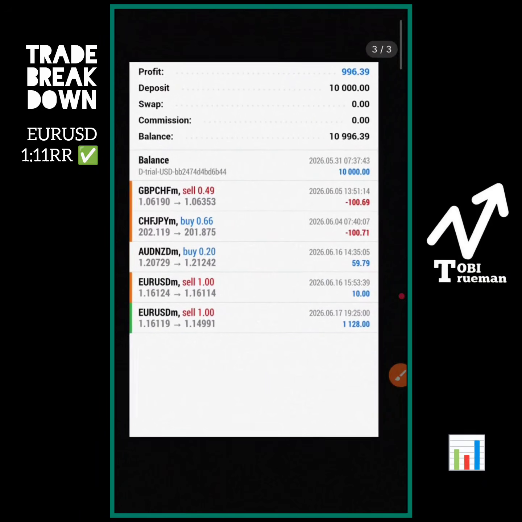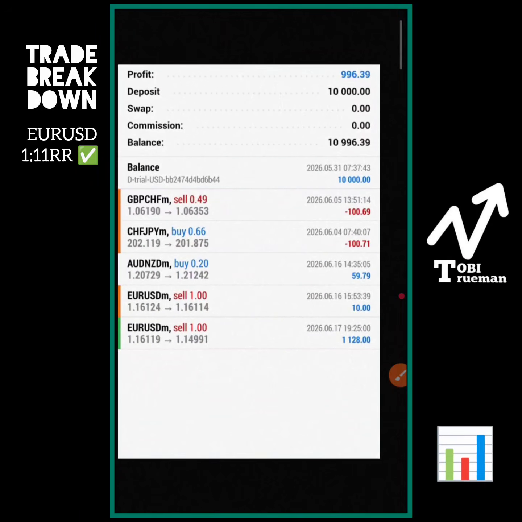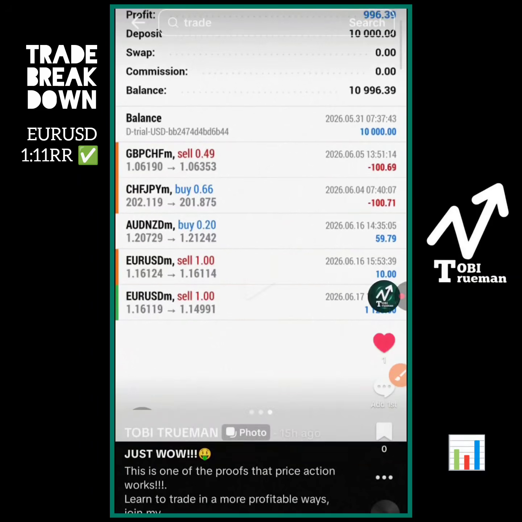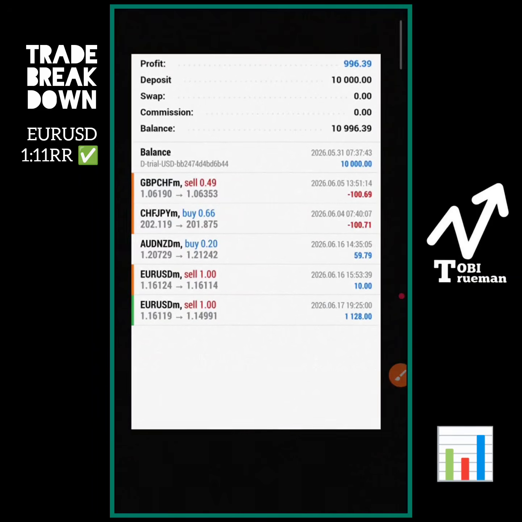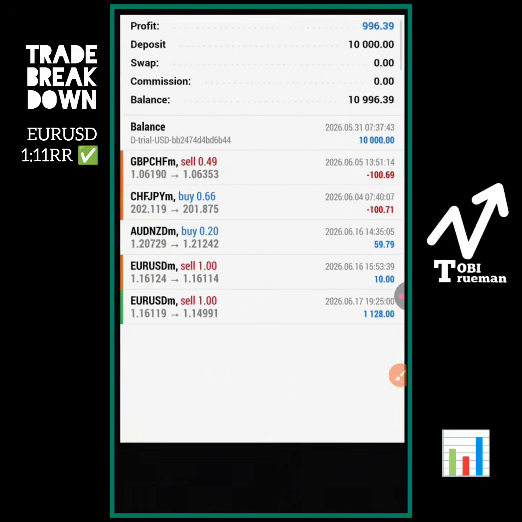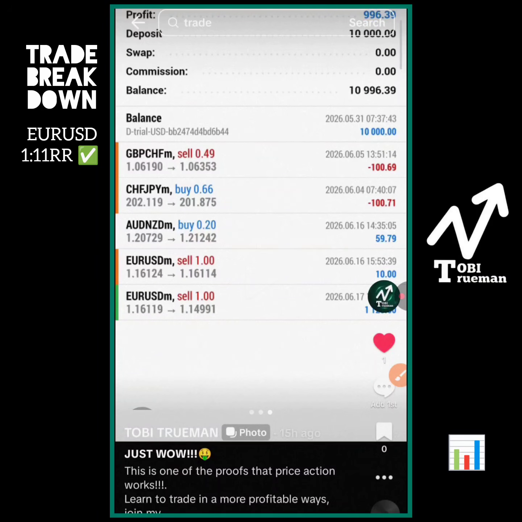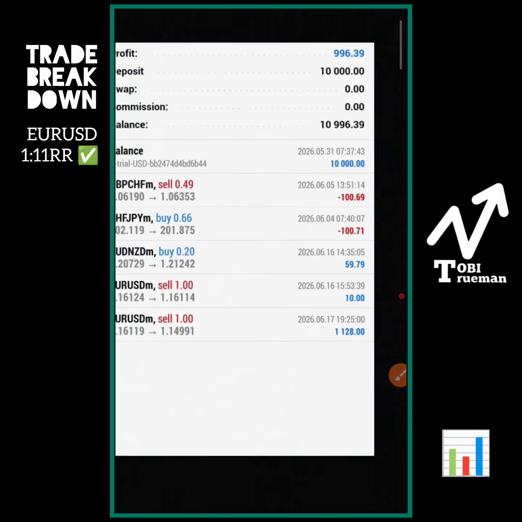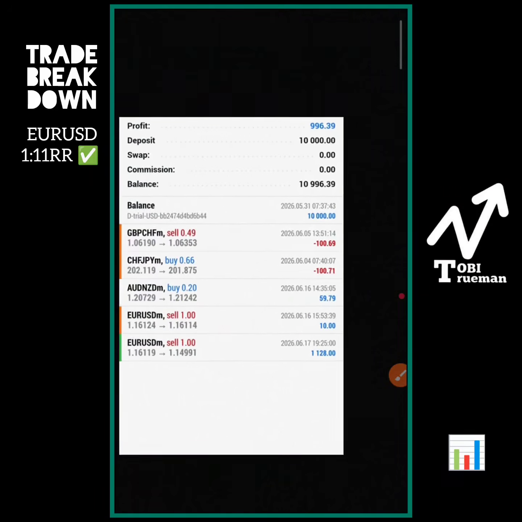Then you know that I'm doing a monthly challenge on synthetic indices, that's on Deriv, and on the Forex account on demo, as you can see. So these are the trades I've taken so far on the Forex account, and you can see the EURUSD. I'm just taking 1% per trade, and this EURUSD has already given us $1,128.